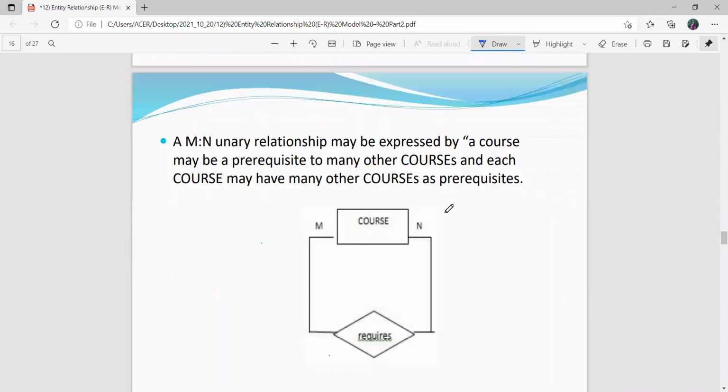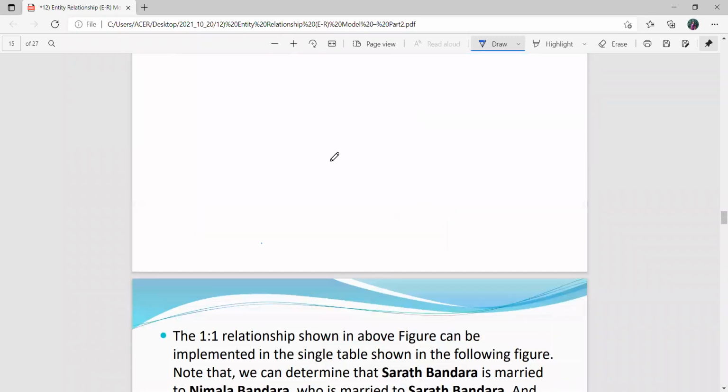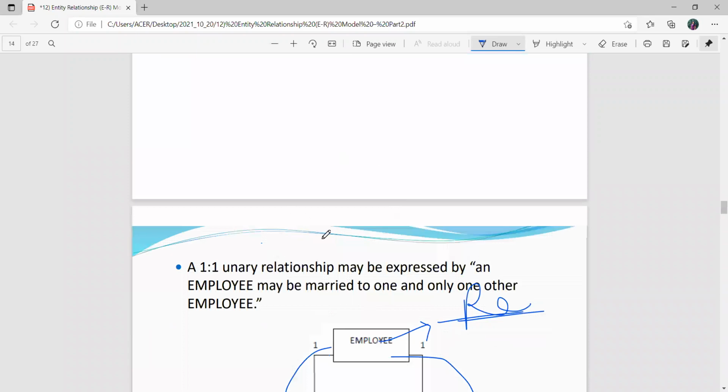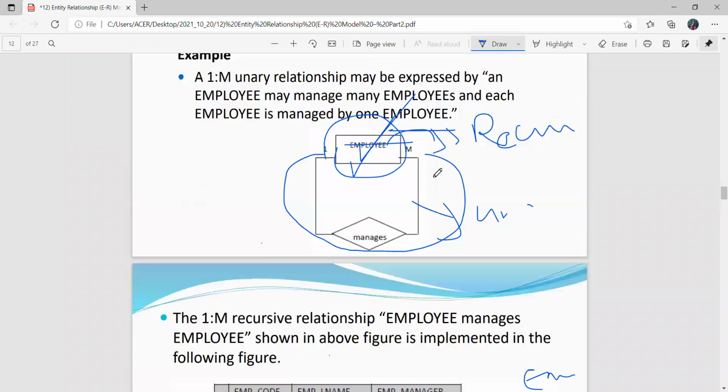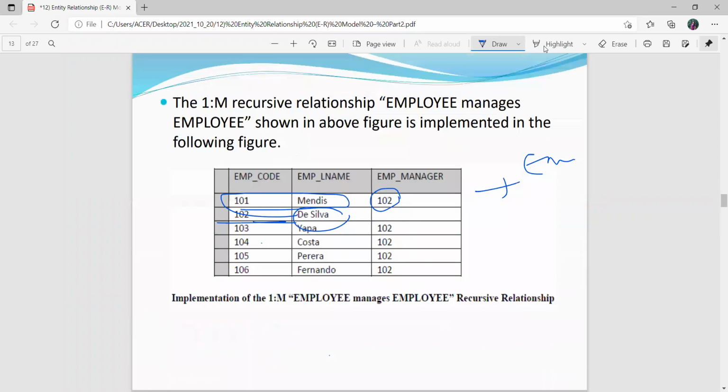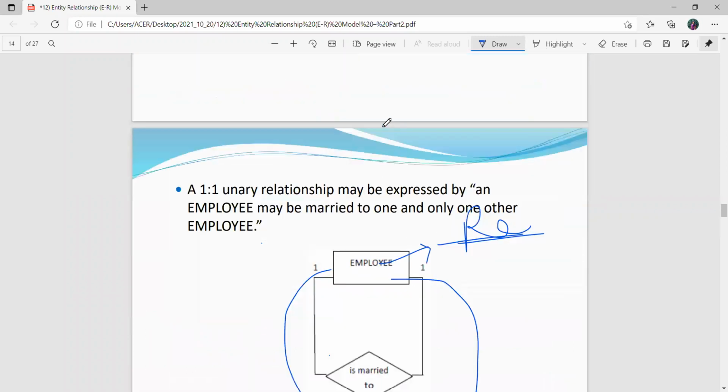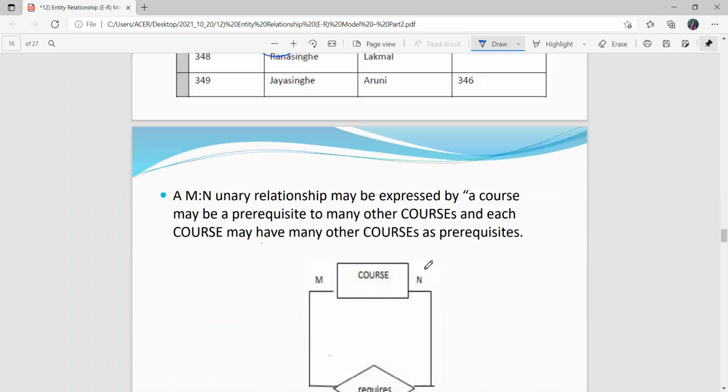In this case, one employee can marry one employee, whereas one employee can manage many employees. Here one is married to one, that means a one-to-one relationship.